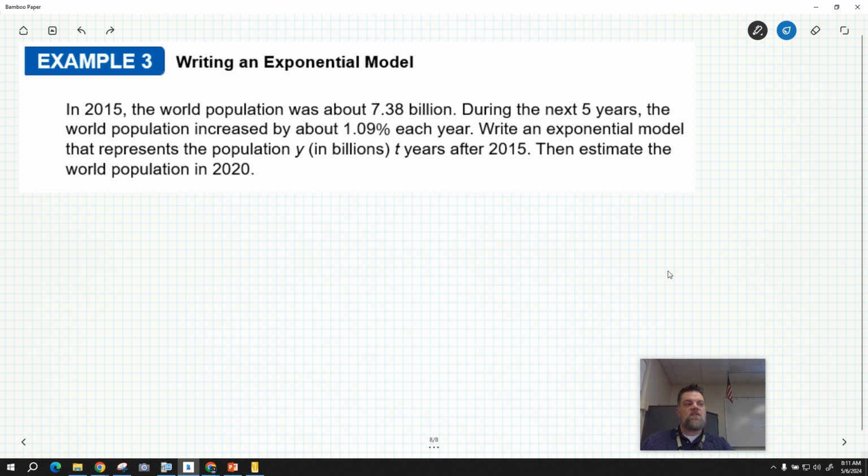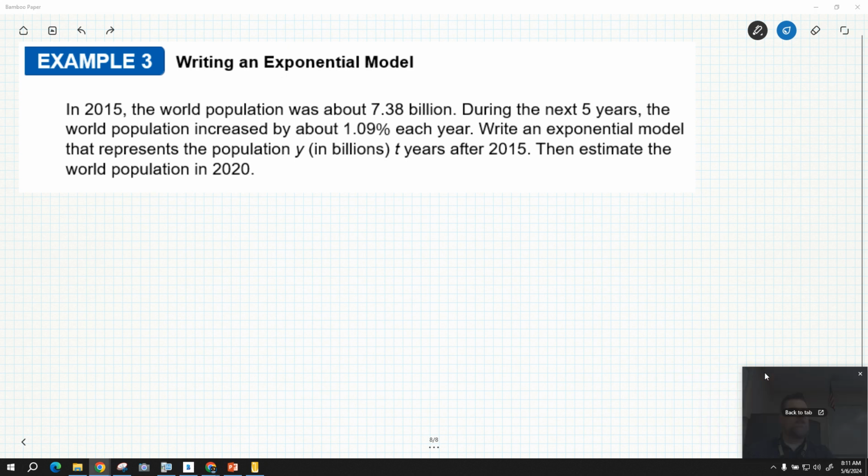All right, so I'll talk real slow while you guys write this down. I'll go real slow so you can catch up. But basically this one is going to be a growth. It says in 2015 the world population was about 7.38 billion. During the next 5 years the world population increased about 1.09% each year.